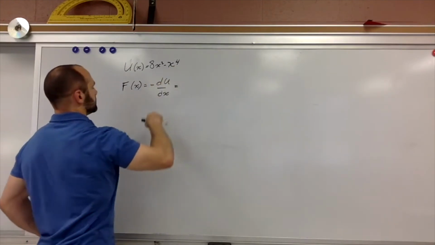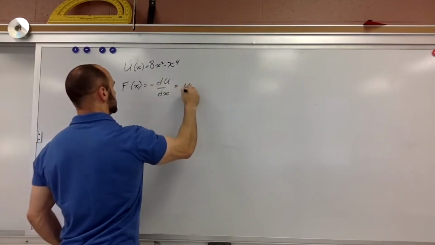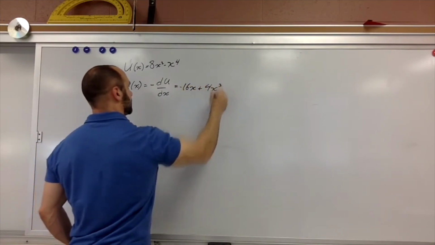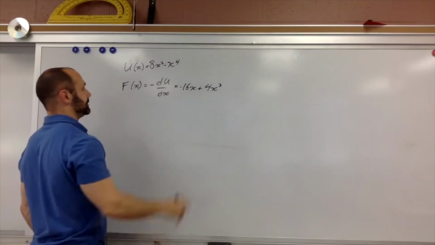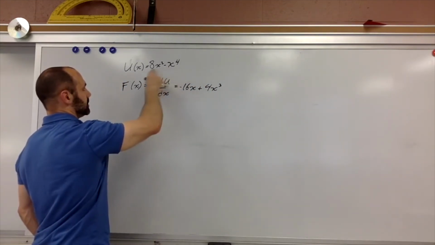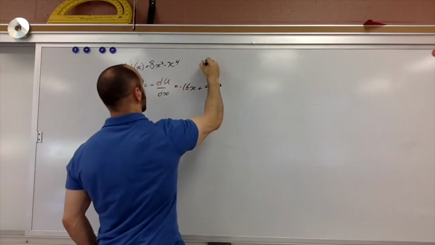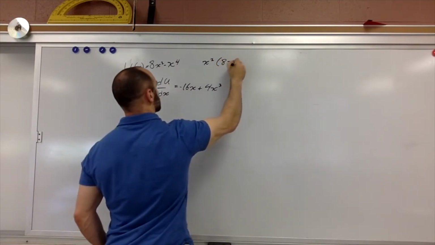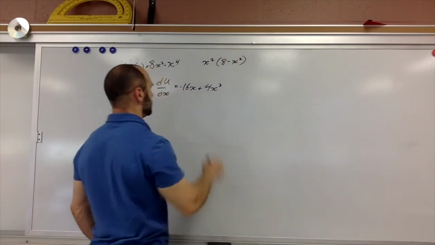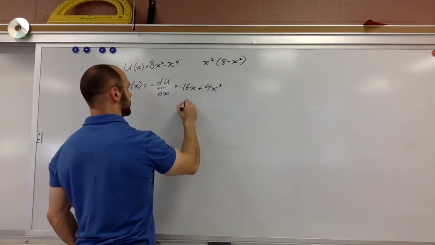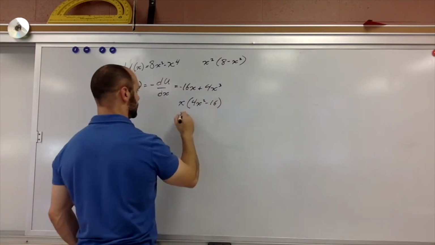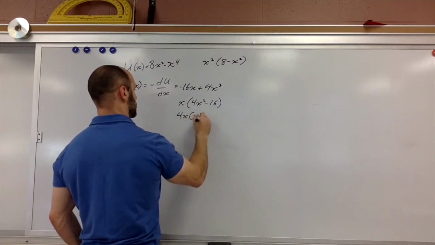All right, so let's take a look at this. The derivative here is going to be negative 16x plus 4x to the 3rd. What are the zeros of this, the places where this equals 0? I can factor out an x, and a 4 as well, so 4x times (x squared minus 4).